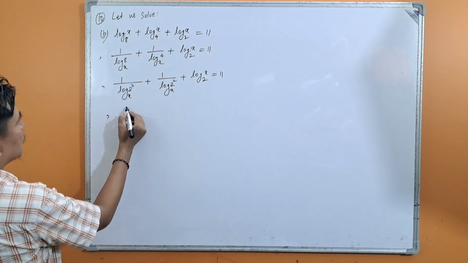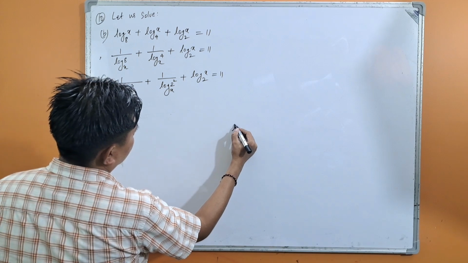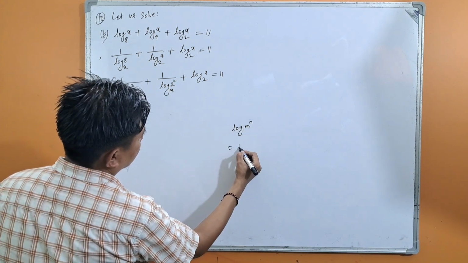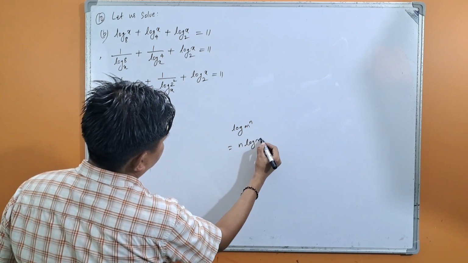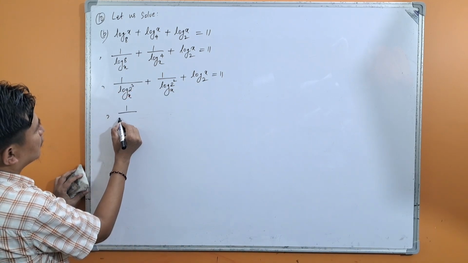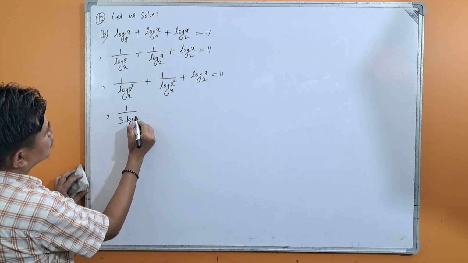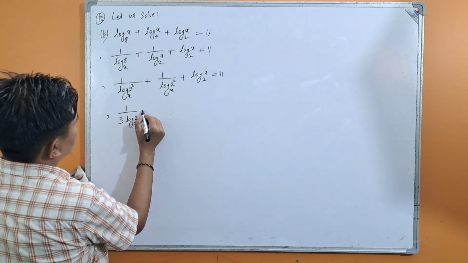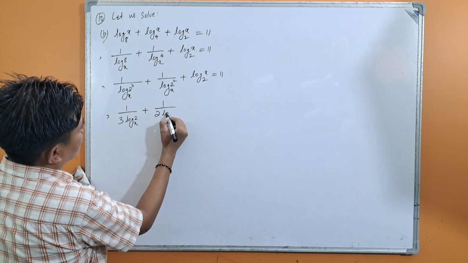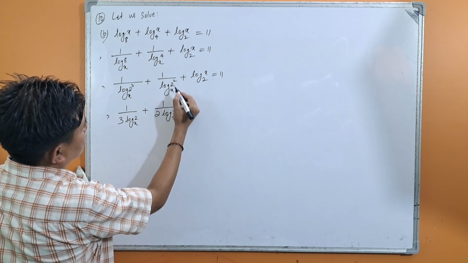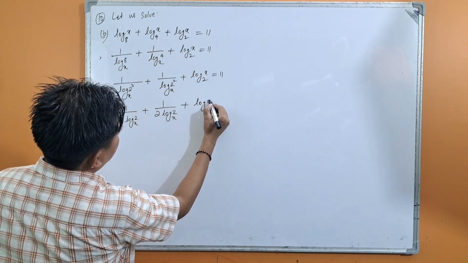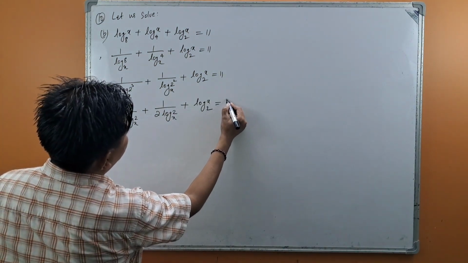If we have log m to the power n, then we can write this as n log m. So we apply the same rule. This 3 we bring before log. 3 log 2 to the base x, plus we do the same thing here. 1 upon 2 log 2 to the base x. This 2 comes before log, plus log x to the base 2 equal to 11.